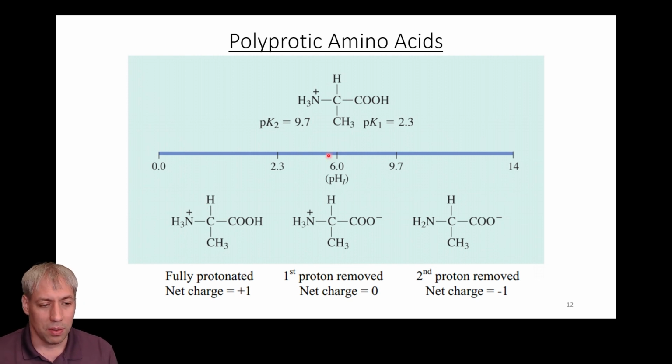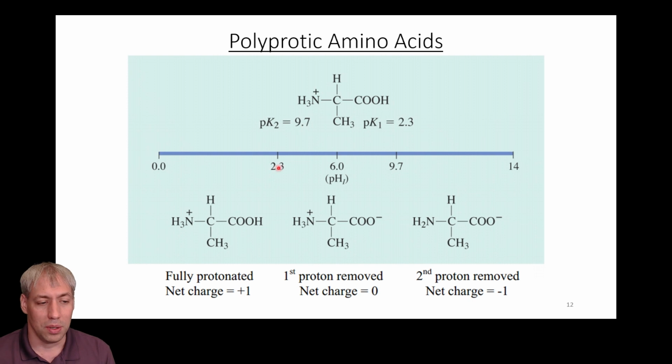And so there's a middle ground condition here. Between 2.3 and 9.7, the pH of the solution is going to do different things to the different groups. If the pH gets larger than 2.3, the external solution is more basic than the molecule, and it's going to steal protons from the COOH group. But the NH3 group doesn't give up its protons as easily.